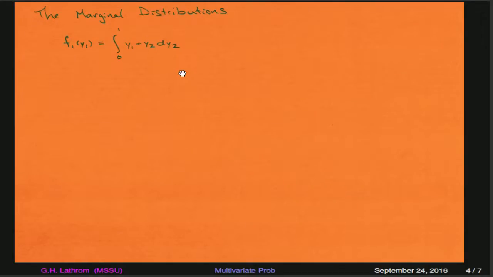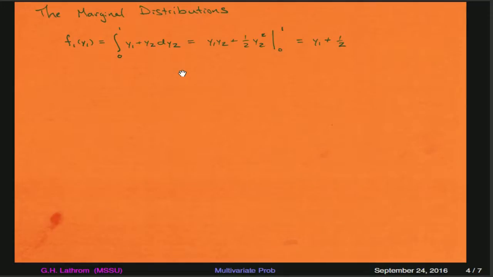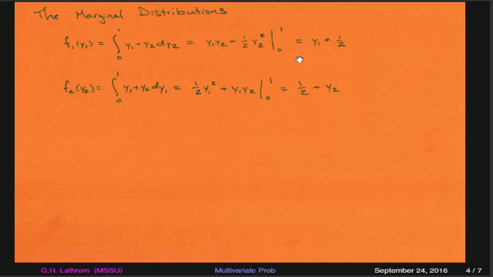When we do that integration, we end up with the function y sub 1 plus 1/2. If we do the same thing for y sub 2, for the marginal distribution for y sub 2, we integrate over values of y sub 1. So it's pretty similar to the first integration. We end up with a marginal distribution of 1/2 plus y sub 2.